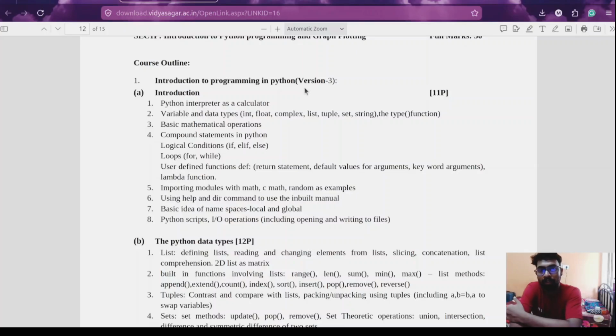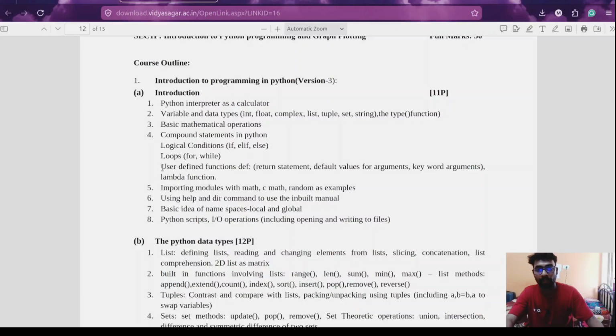In the introduction part, there is Python as a calculator, variables and data types like float, complex number, list, tuple, set and string, and some basic mathematical operations, and also some logic: loop conditions, if else, and loops like for and while.